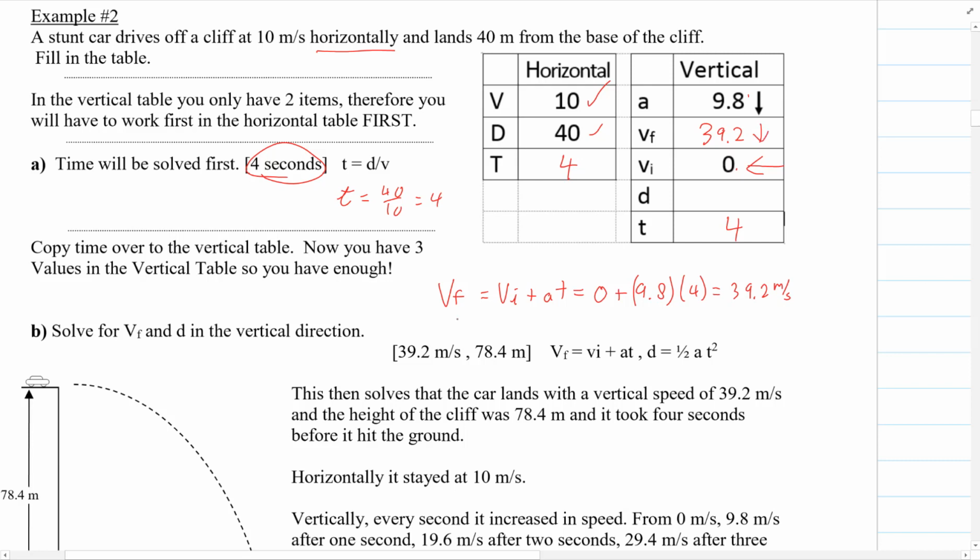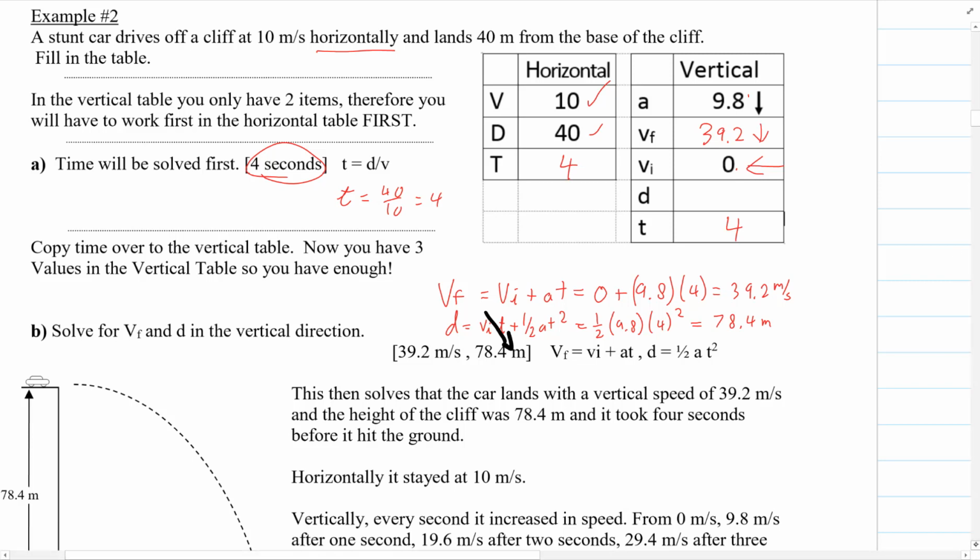And then we solve for the distance, and the distance without VF will be D equals VI T plus 1/2 AT squared. And this is 0 because VI is 0. So it's just going to equal 1/2 9.8 times 4 squared. And 4 squared is 16 times 1/2 is 8. 8 times 9.8 is 78.4 meters.